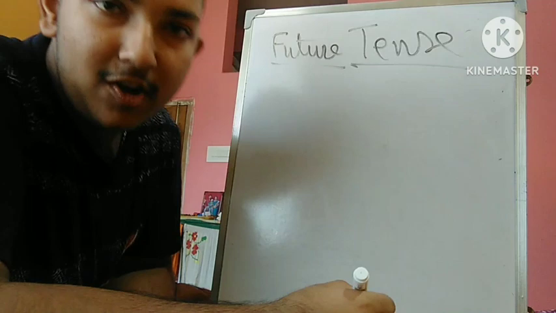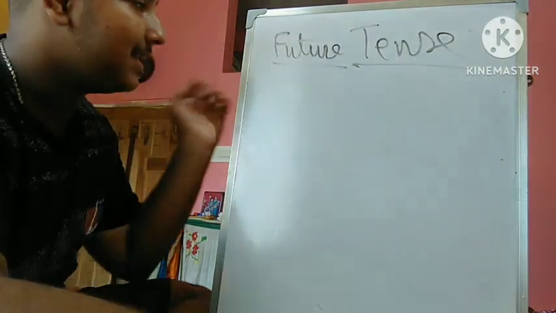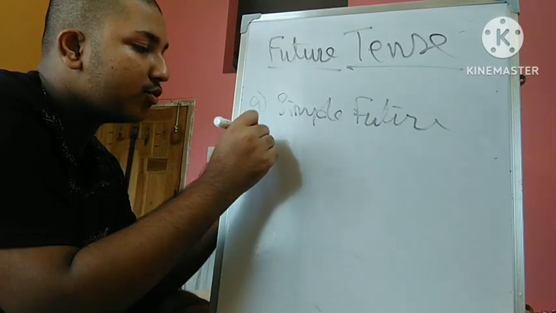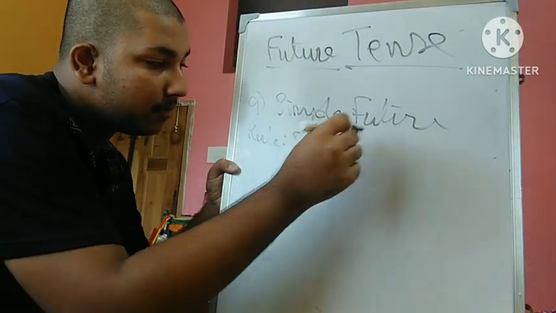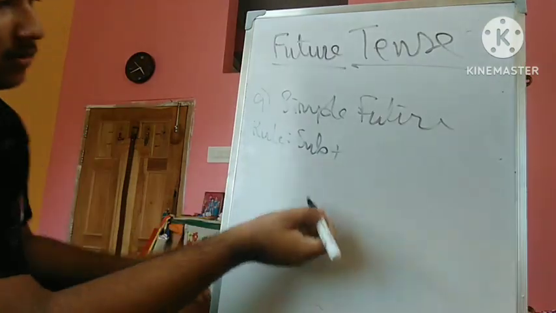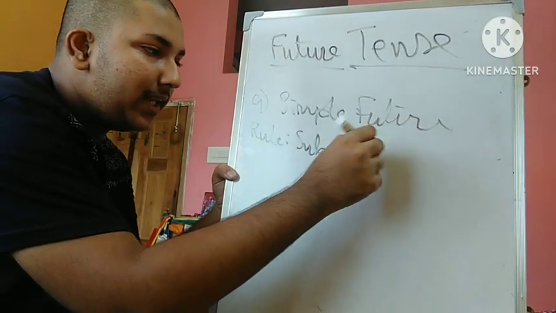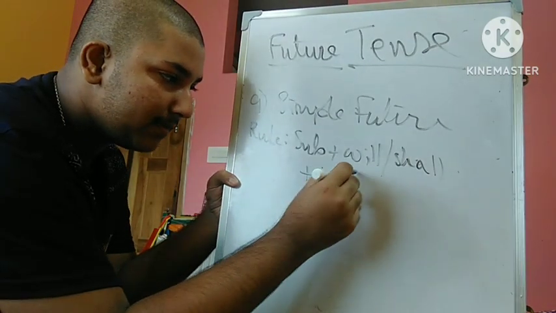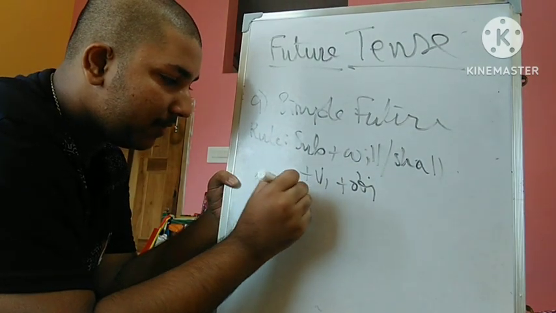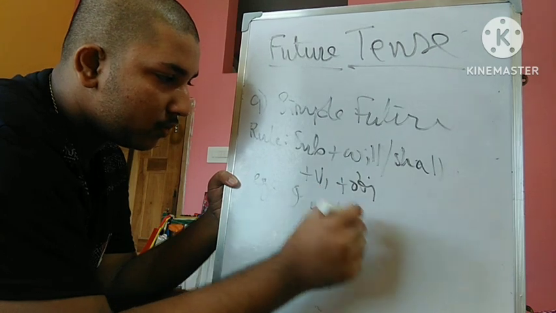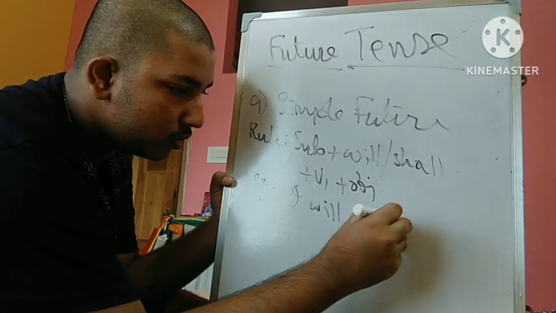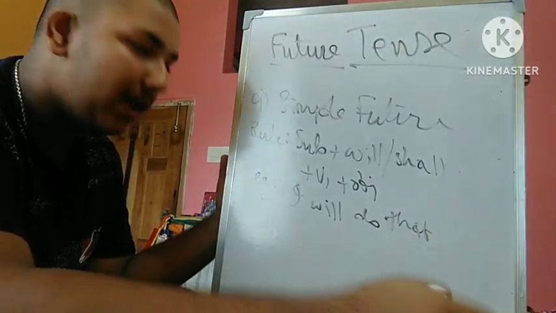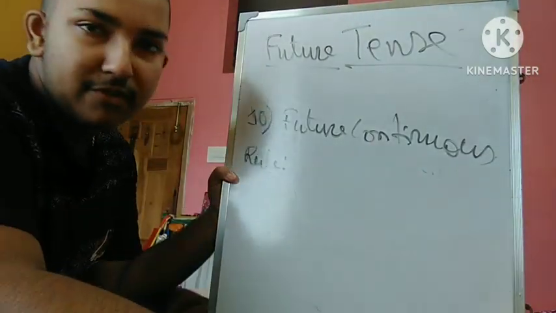Okay. Move next. Now in future tense, we also have 4 parts. That is simple future. Its rule is subject plus will, shall plus V1 plus object. Example, I will do that, or I shall do that. Next we have future continuous.